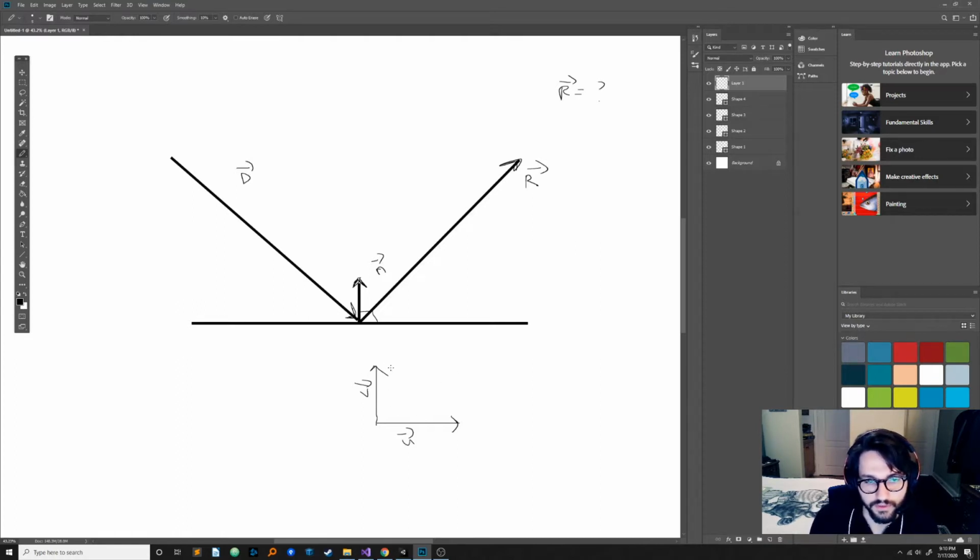But essentially, what we can do is translate these vectors anywhere in space, right? A vector really is just a magnitude and a direction. There is no positional information regarding a vector. There's no position origin associated to it. It's just again a magnitude and direction. So I can translate these vectors anywhere in space.